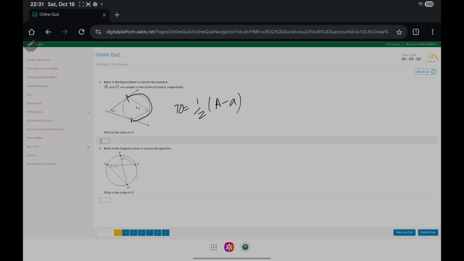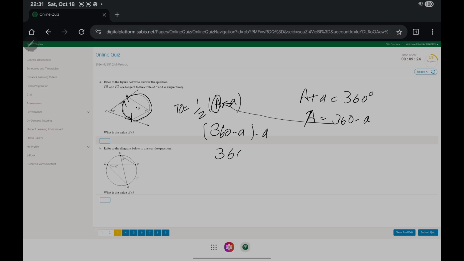Alright, now we need to know the value of A. So we know that these two arcs added together give you 360 degrees. So the minor arc equals 360 minus A. So just put this over here, plug in the value, 360 minus A, 360 minus 2A, and then you divide both sides by 0.5, and then you get 140.